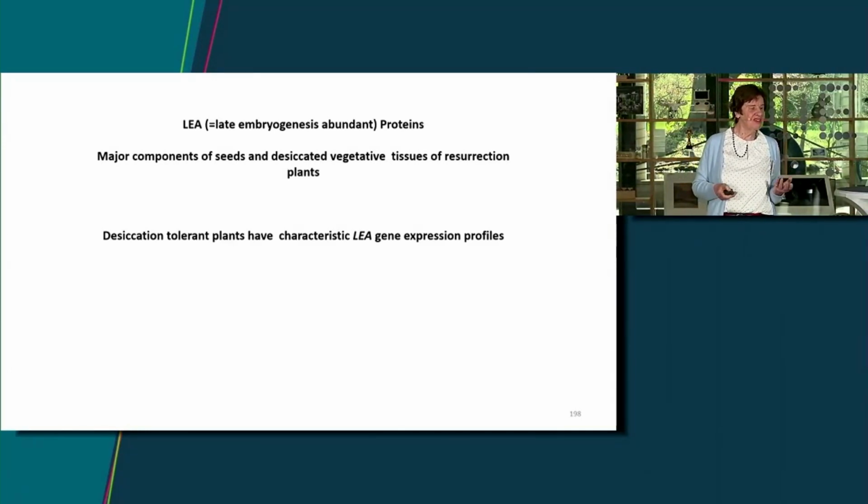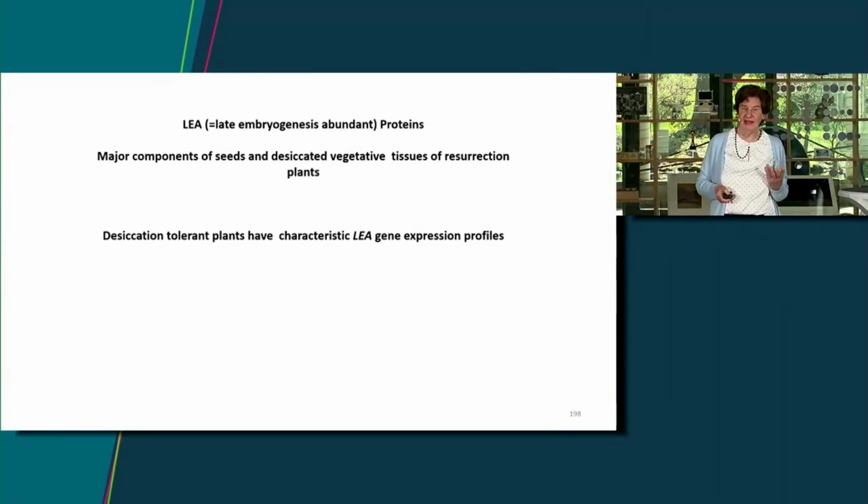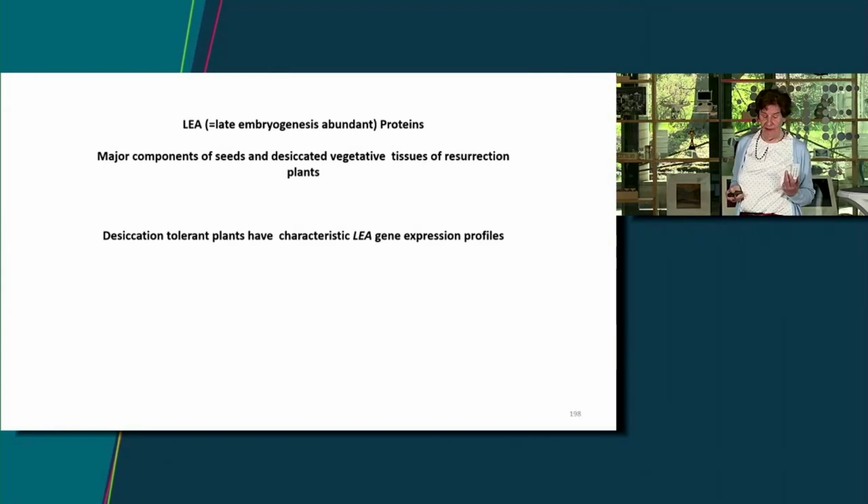However, the capacity to induce or express LEA proteins during the onset of dehydration remains in the leaves of these resurrection plants. This is quite an important finding, observed many years ago. So we can say that the desiccation tolerant plants have very characteristic LEA gene expression profiles.